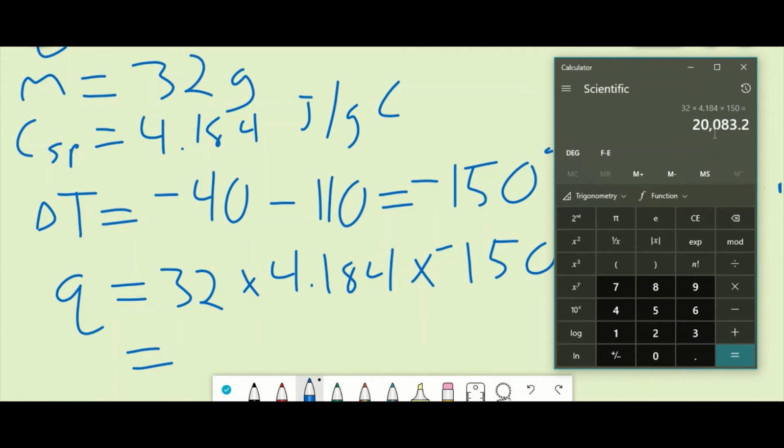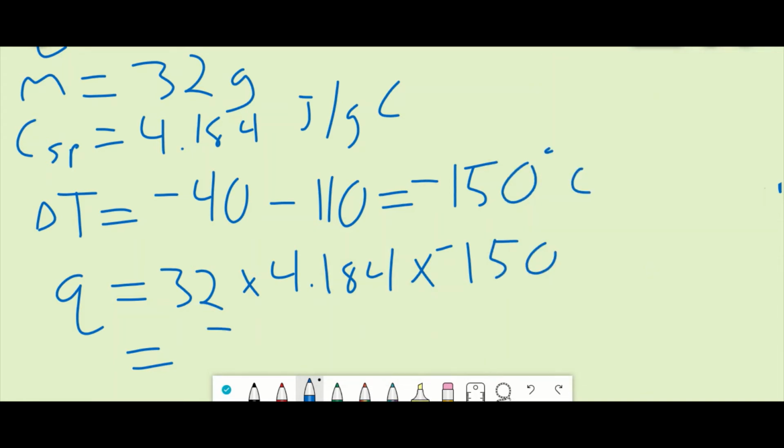It's going to be negative 20,083.2. Remember, Q is always going to be in joules, because this was joules per gram Celsius, and then the gram and the Celsius cancel, so your answer is just going to be in joules.